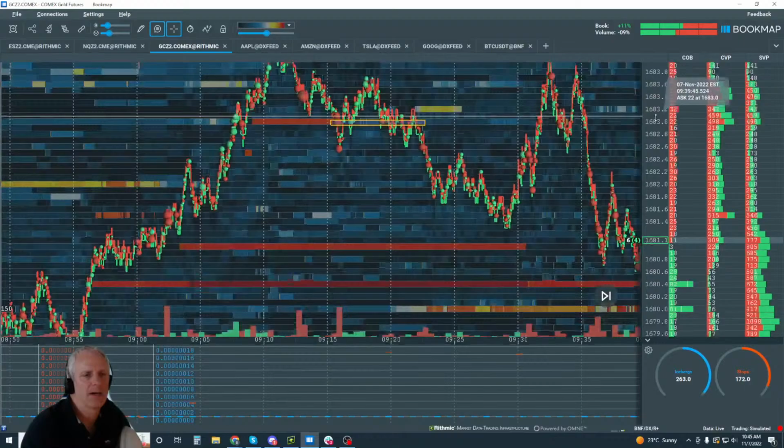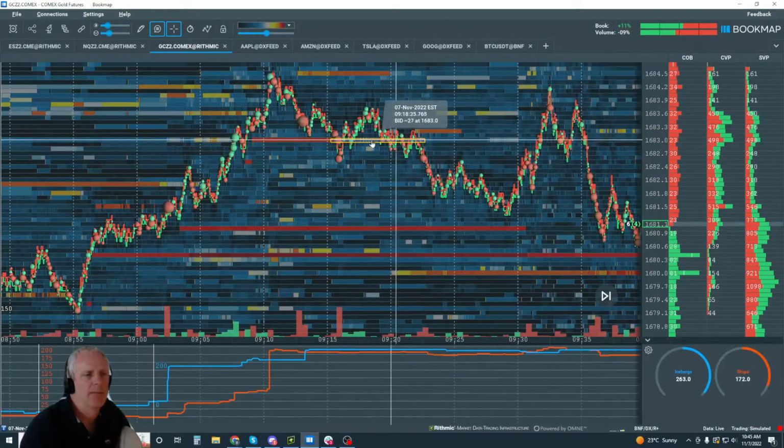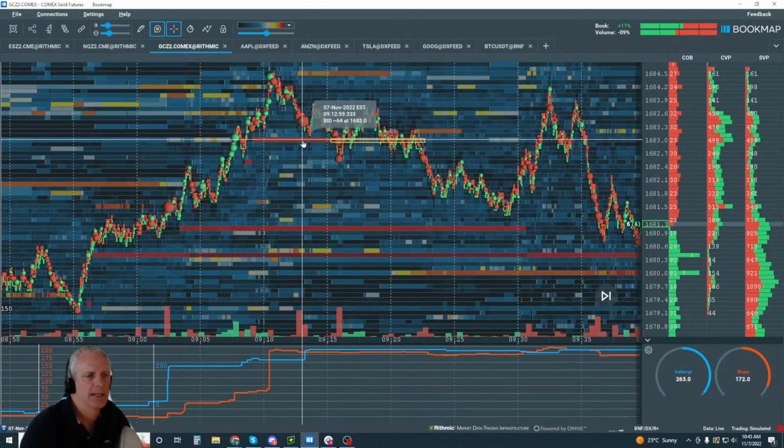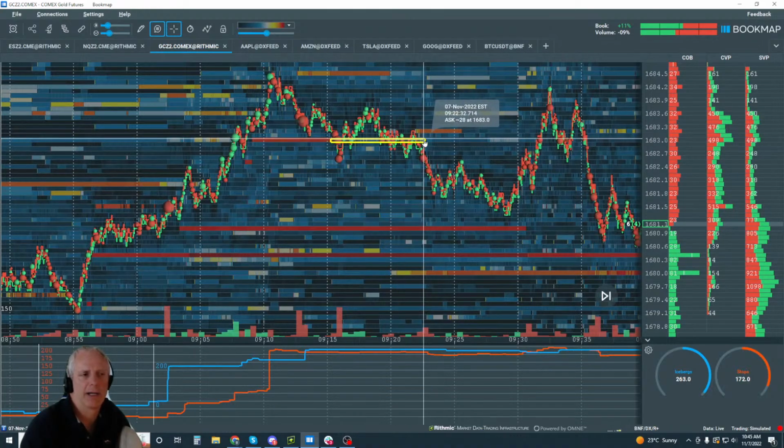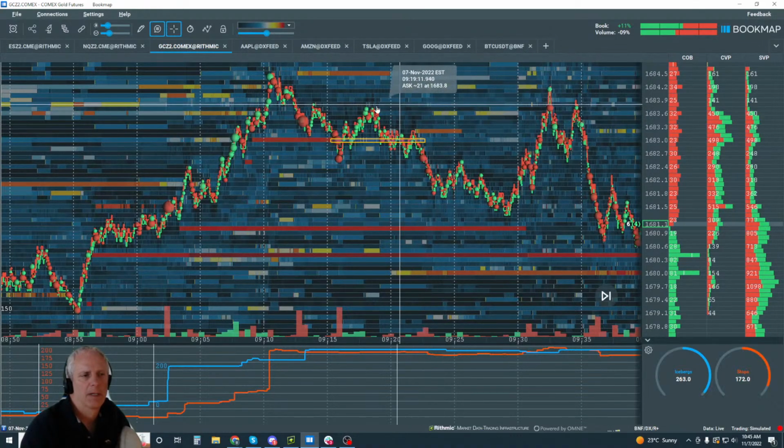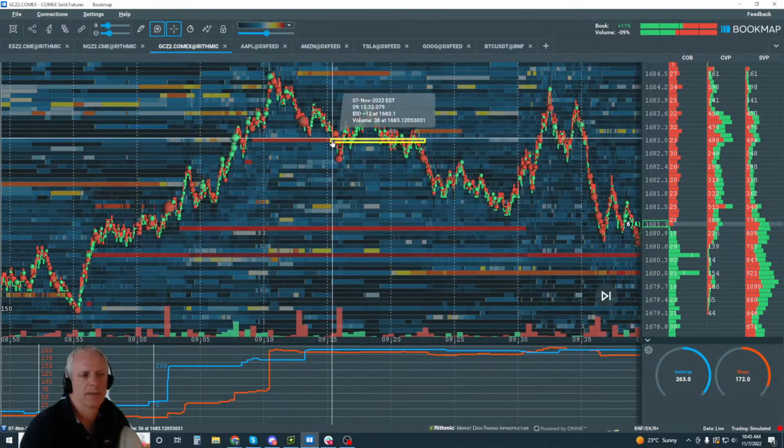You can see it just kind of went all over the place, right? But this is the event, that order flow event, we want to get some clarity around, because we know the transaction took place up there.